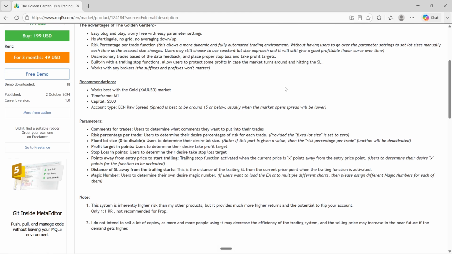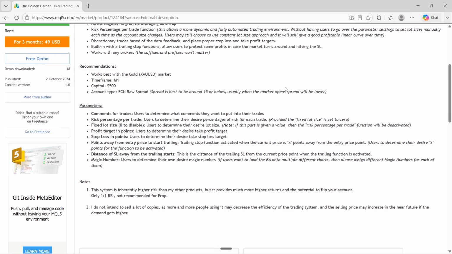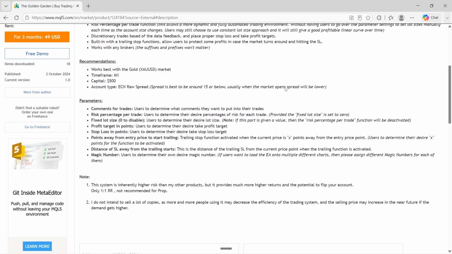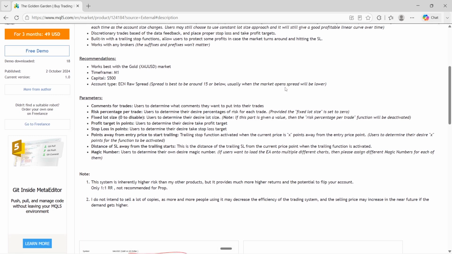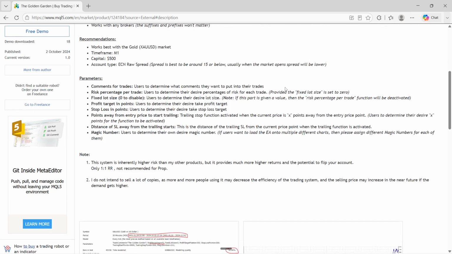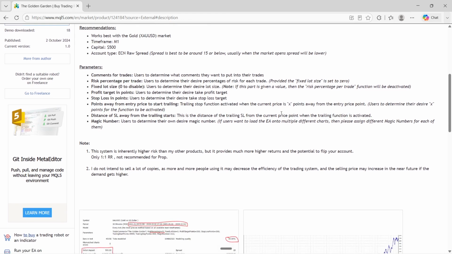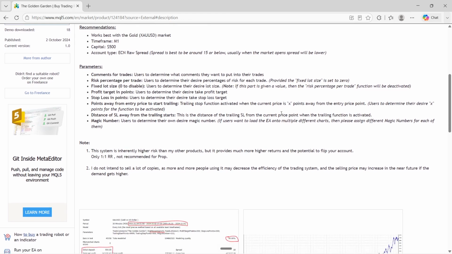Parameters allow users to set comments, risk percentage or fixed lots, profit target in points, stop loss in points, trailing activation distance, trailing distance, and magic number. The developer notes that the system is inherently higher risk than some of their other products and is not recommended for prop firm challenges because of the 1:1 risk reward structure.